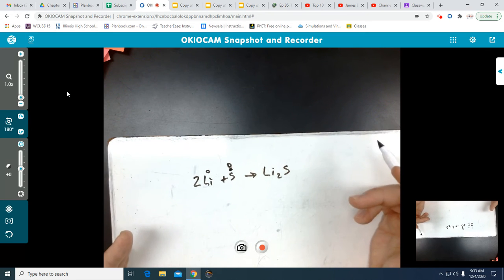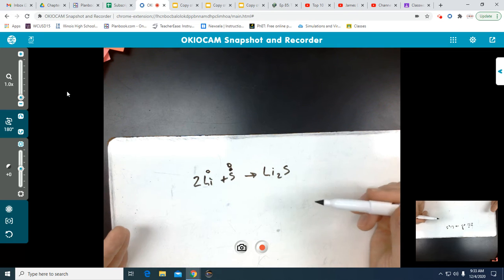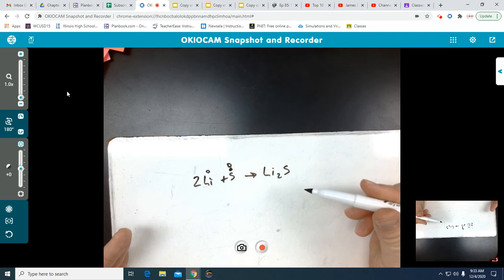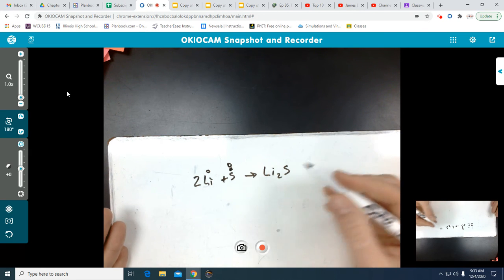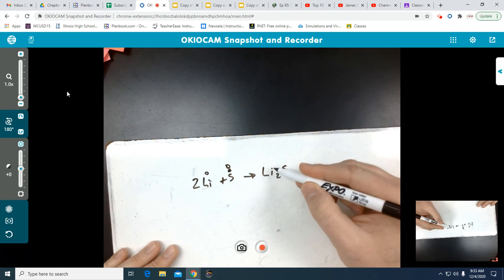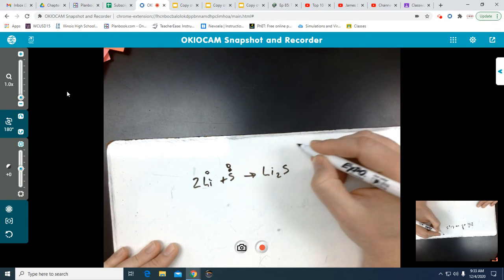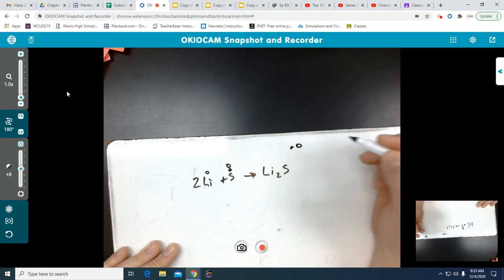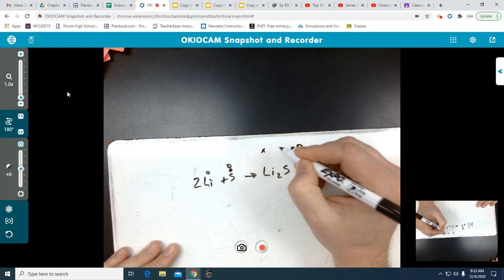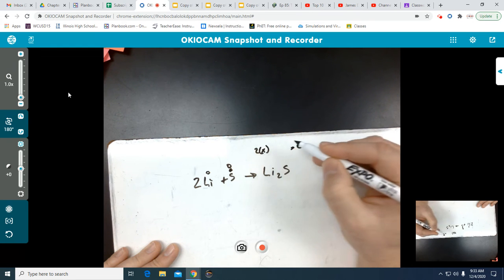We can go about this a couple of different ways. We could go by the rules and talk about metals typically being their ionic charges. But we could also say, I don't know what lithium's going to be here, so I could set this up mathematically. It is equal to 0. Lithium is what I'm searching for, so I give that an X, and I know there are 2 of them.